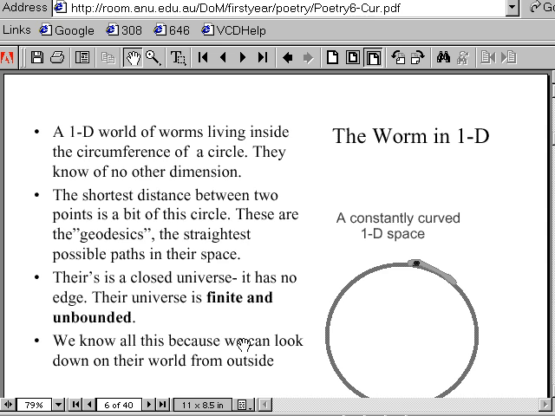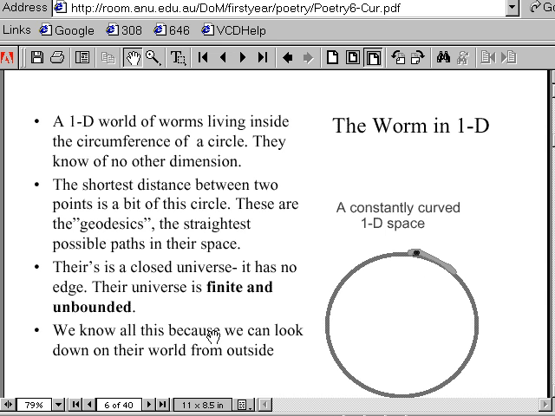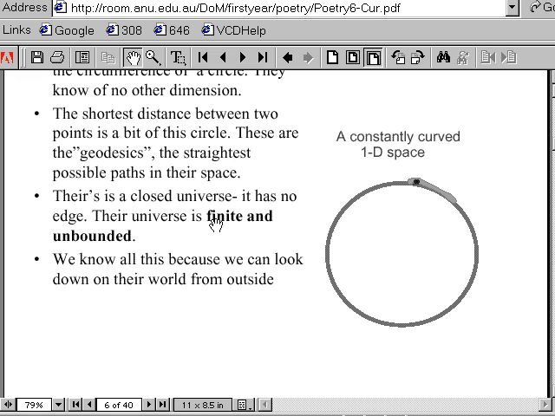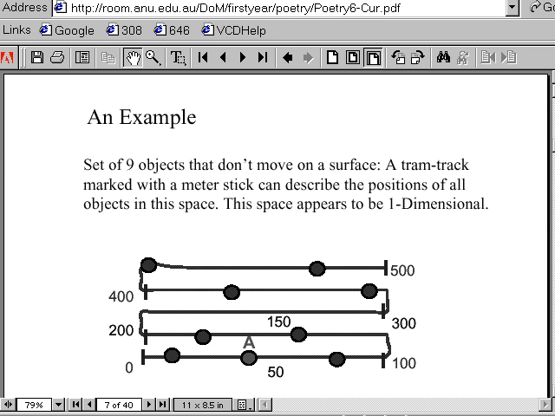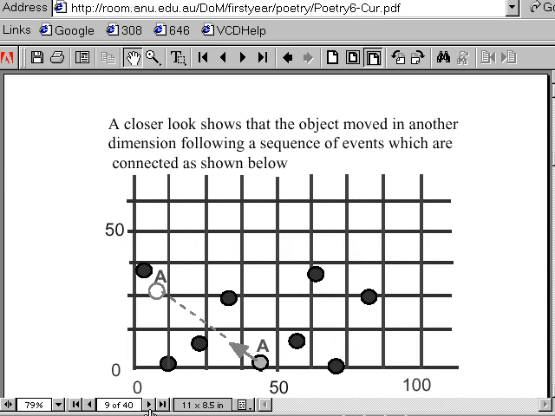But the geodesics, which are curves along this plane, are no longer straight. This is a space which is one-dimensional and has constant curvature. If you were a worm living inside this circle, knowing no other two-dimensional or three-dimensional world, you would say that this was a closed universe. That is, it has no edge, it's finite and unbounded. Unbounded means there's no boundary, no edge.